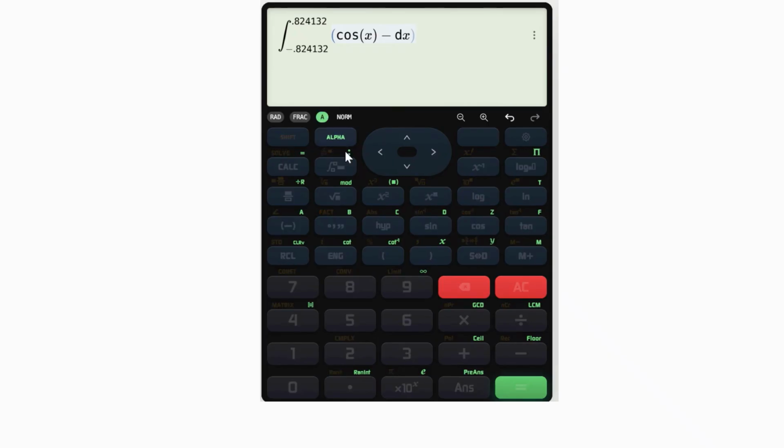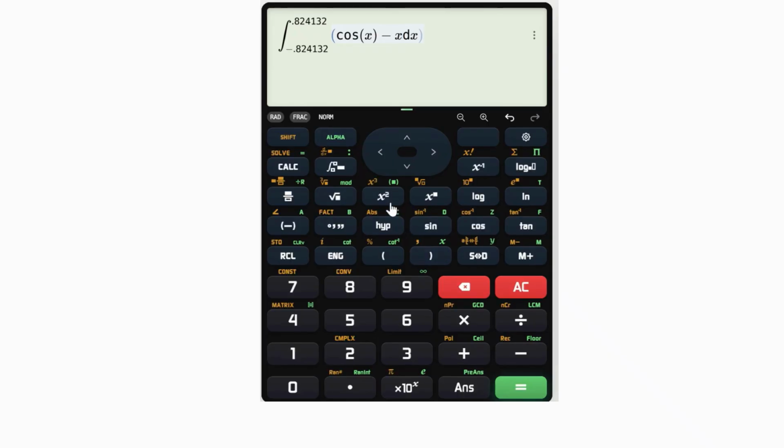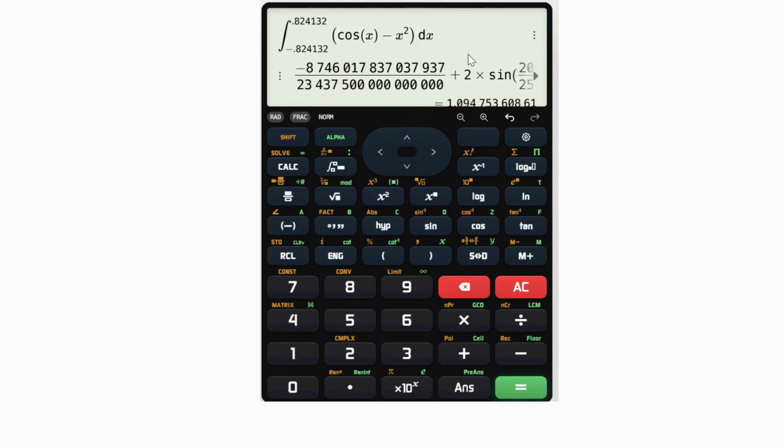The lower function is x square. So x square, don't forget to close your bracket, and you get your final answer as 1.09475.